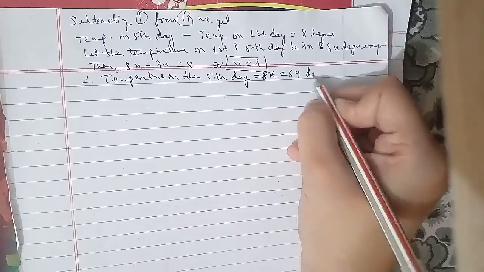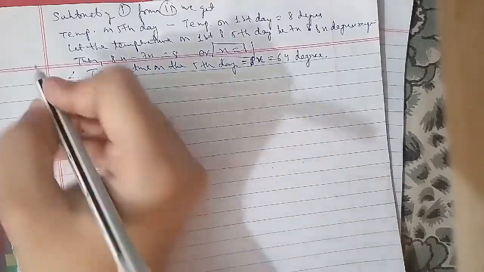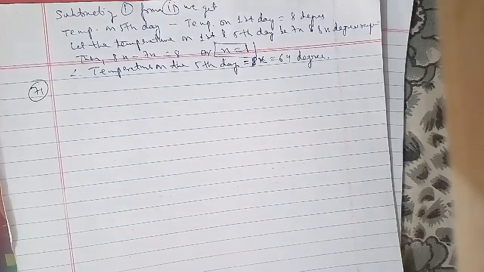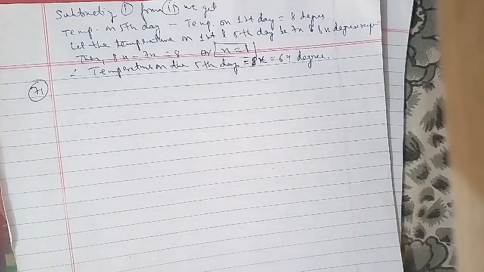If the average weight of A and B is 40 kg and that of B and C is 43 kg, then the weight of B we have to find out.